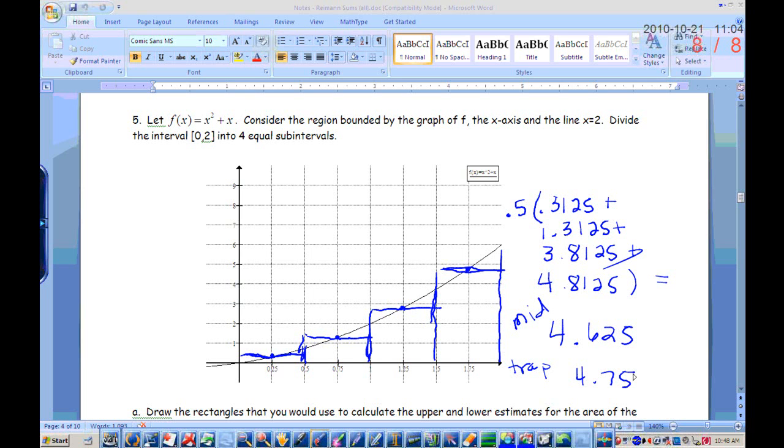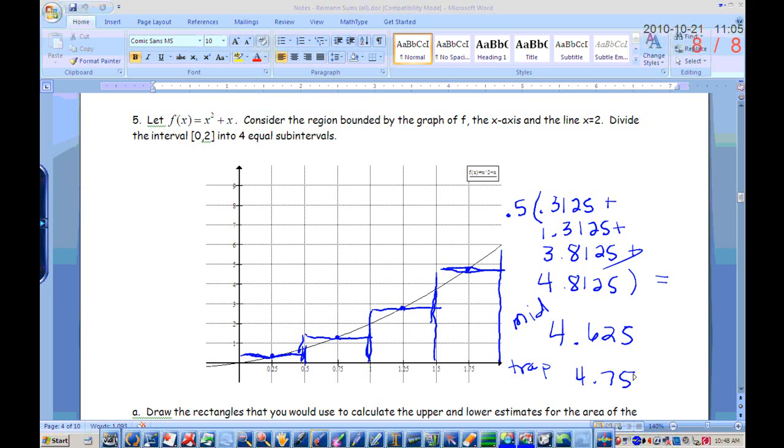It has to do with how fast the graph is either increasing or decreasing, the concavity of the graph. We won't ever talk about which one, midpoint or trapezoid, is more accurate. But they're both fairly accurate.